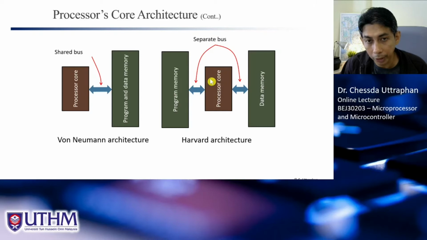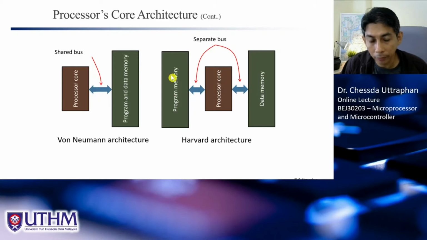So you have separate buses for program and data. What is the good of this? The good is that it is faster, because at one time you can get the data and also get the code from the memory simultaneously. So this is definitely faster compared to this one, because with this one you need to get the instruction first before you get the data from the memory, one by one.